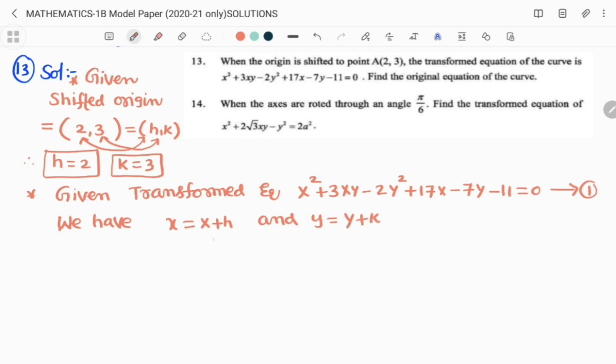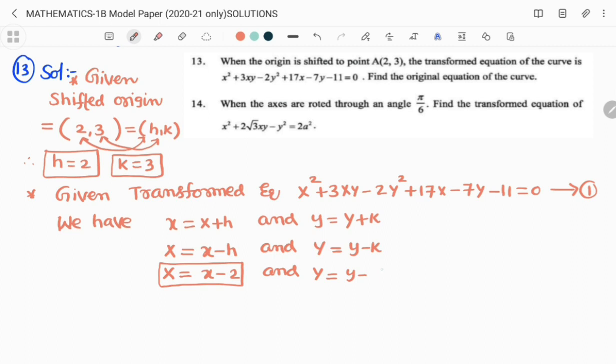We require capital X and capital Y, so from this relation make capital X the subject. Capital X is equal to small x minus h value, which is 2, and capital Y is equal to small y minus k value, which is 3.